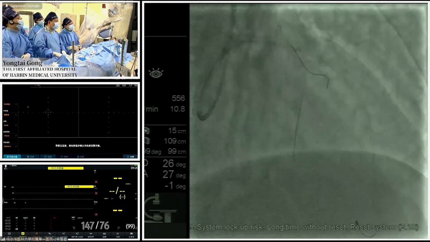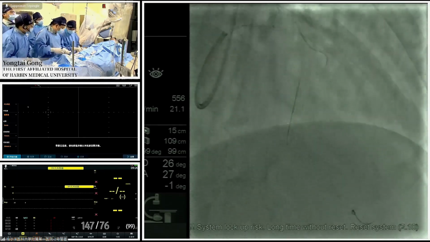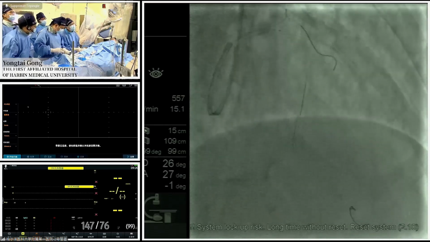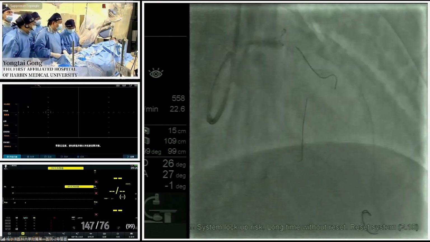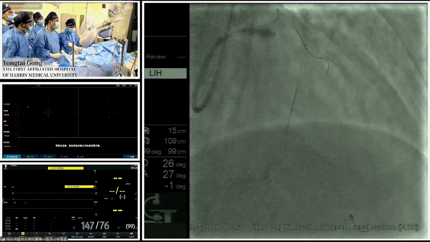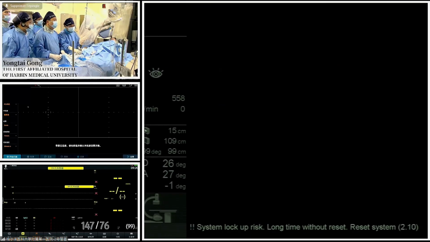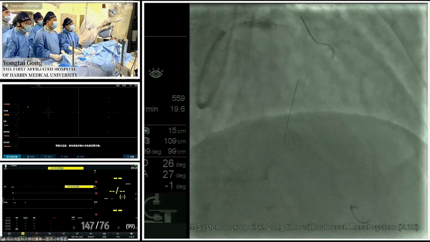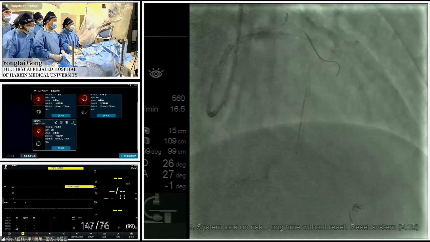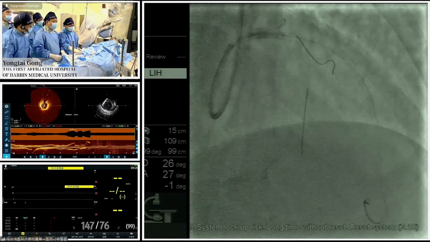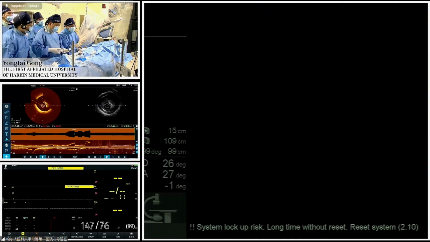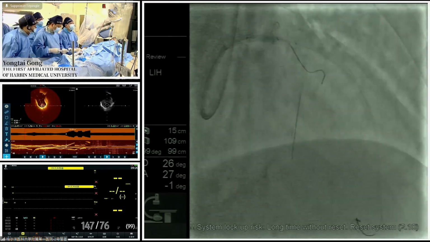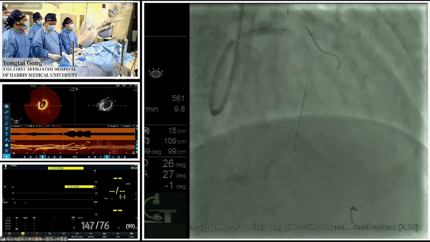Okay. So as the IVI shows, there is some superficial and some deep calcified lesion in the LAD. So we choose the IVL shockwave balloon to modify the LAD calcified lesion. IVL has been recently introduced as a novel technique with potential to safely modify calcium and optimize stent expansion.